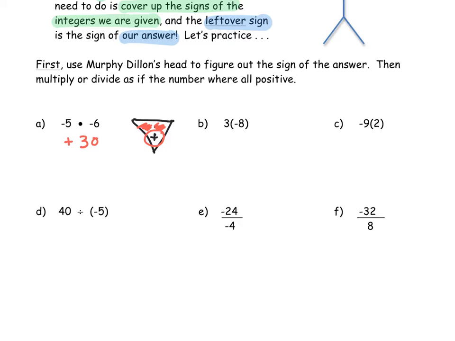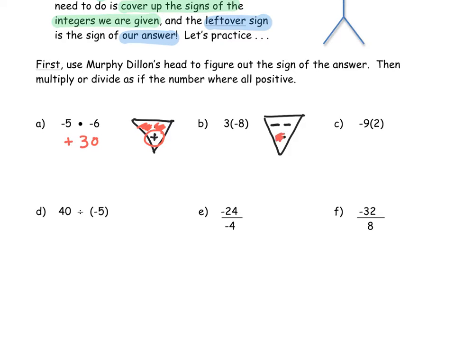Let's try letter B. Again, we start by drawing Murphy-Dillon's head. As a reminder, he has two negative eyeballs and one positive mouth. So what signs do you think we're going to cover up this time?